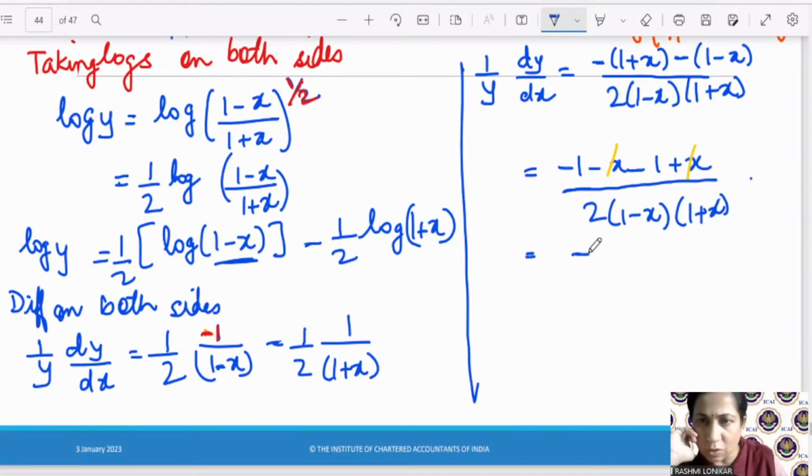So this is equal to minus 2 upon 2 (1 minus x)(1 plus x). Again this 2 will get cancelled.